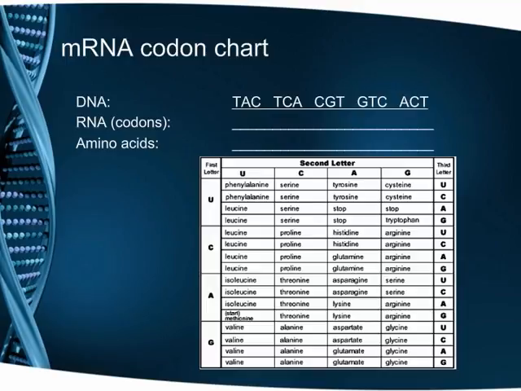Your next amino acid will correspond to the codon G, C, A. G, C, A corresponds to alanine, A-L-A. Your next amino acid will be determined by the codon C, A, G. C, A, G corresponds with glutamine, G-L-U.